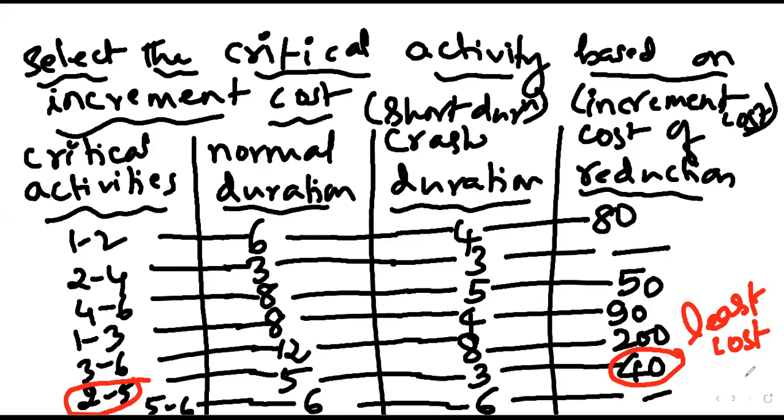All right. So those who have already made note of this, just decide as to how many days we can reduce 2-5. Normal duration is 5 days. Crash duration is 3 days. So by how many days can we reduce this activity?